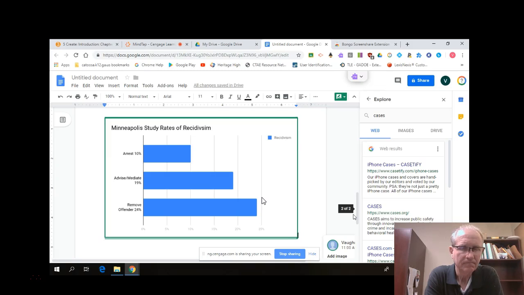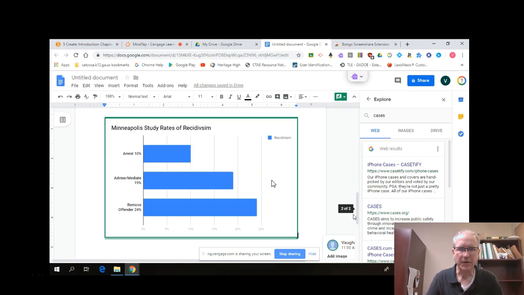Of the offenders whose cases officers handled by advising or mediating, 19% of those that were involved in one occasion of domestic violence were involved in another. And the third one, where the offender was removed, which was made to leave the house or forced to go somewhere else, those people committed another act of domestic violence at a rate of about 24%.